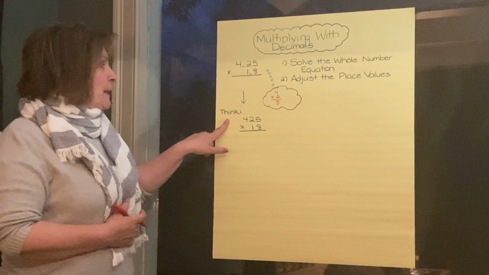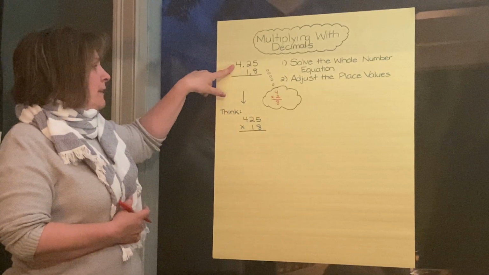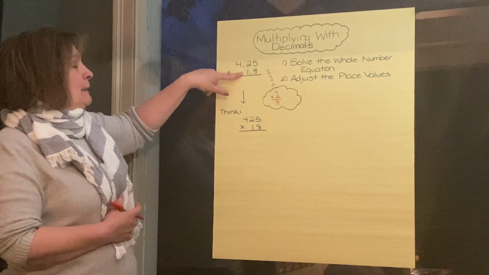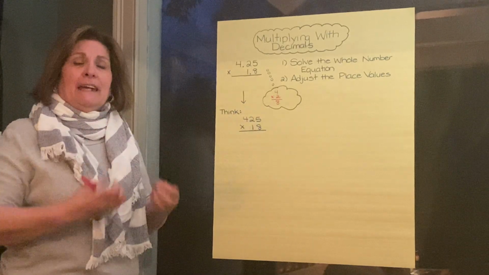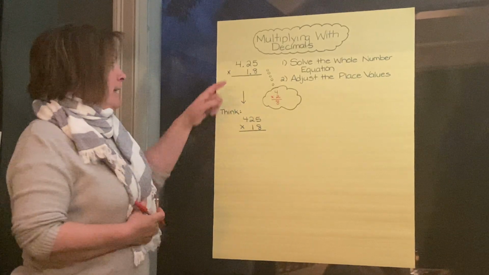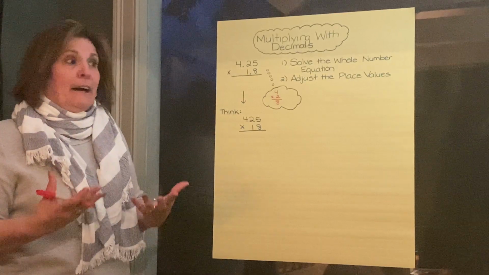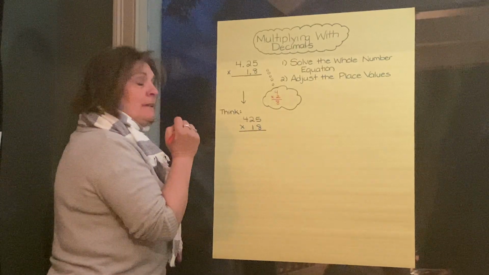We think of this equation as a whole number equation. Instead of 4 and 25 hundredths, we make it 425. Instead of 1 and 8 tenths, we make it 18. So we've taken out the actual decimal points and we solve that problem. So we say 8 times 5 is 40.